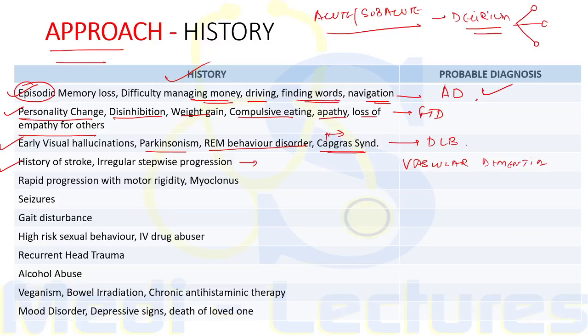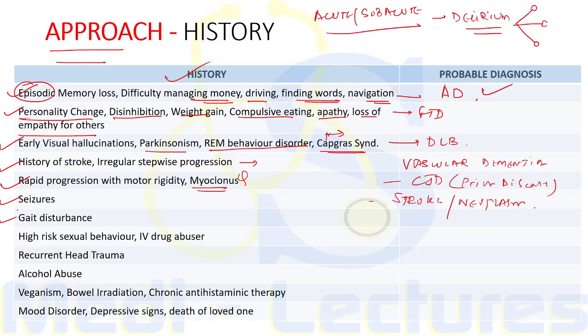Rapid progression with motor rigidity and myoclonus, very important. It is seen in Creutzfeldt-Jakob disease, which is a prion disease. Then seizures can be seen in stroke, that is vascular dementia, as well as neoplasms.